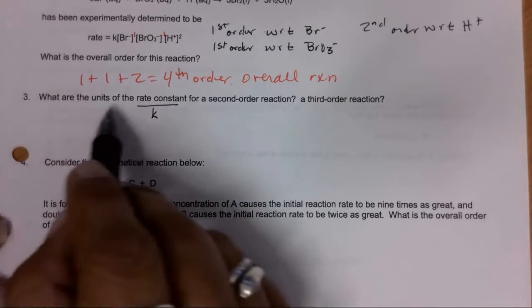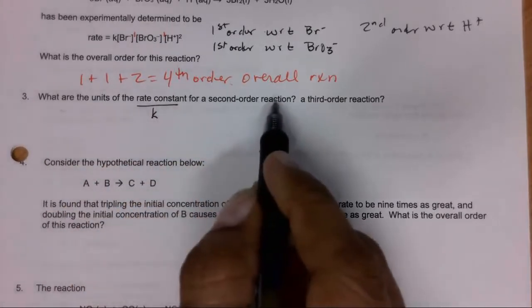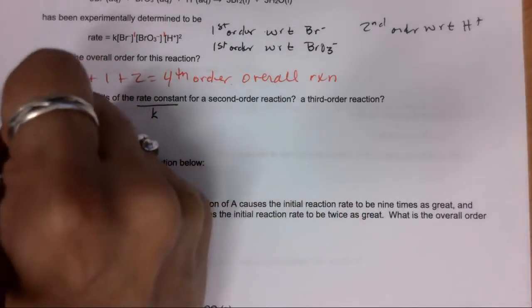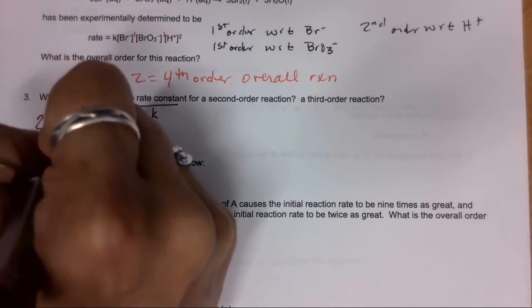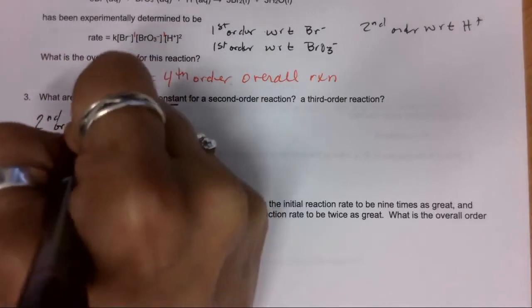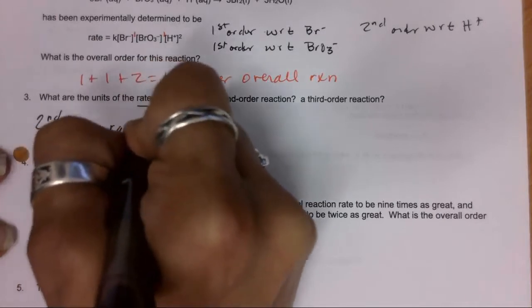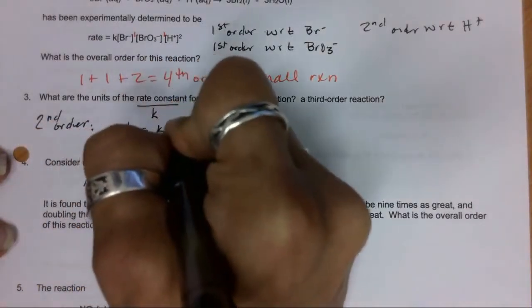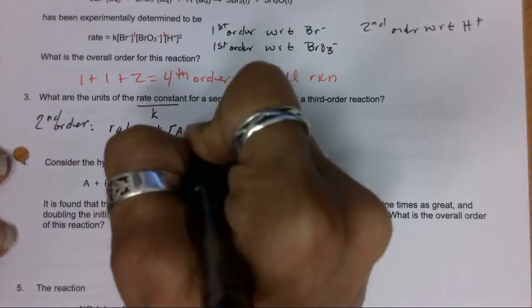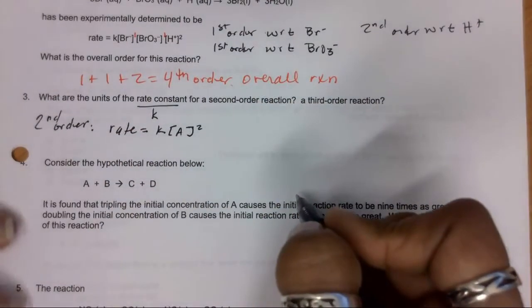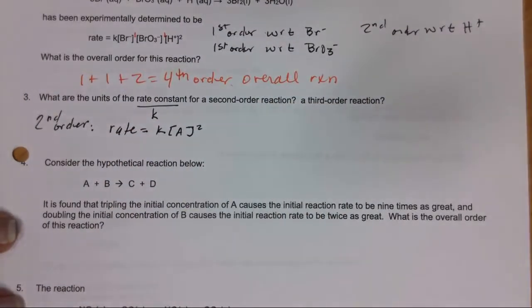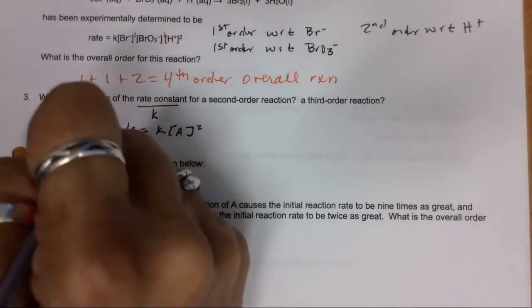So this is what the units are for a second order reaction. Okay, so for a second order reaction, the rate is equal to K times what? The square of the concentration of A, okay? So if that's the case, I know that rate has to be what?